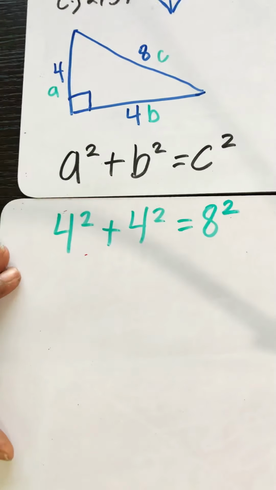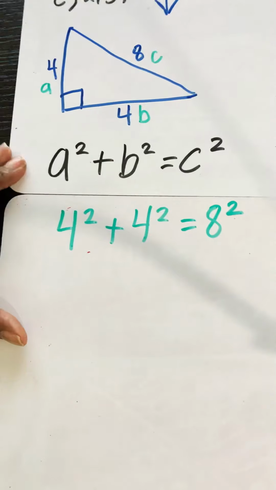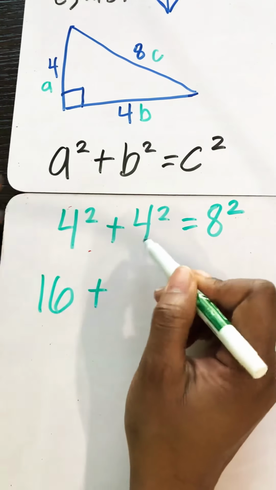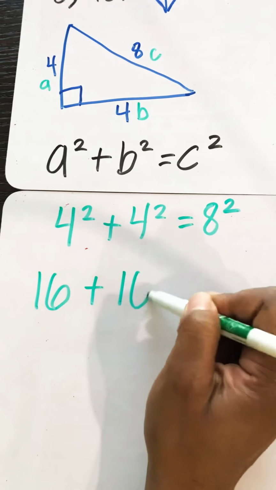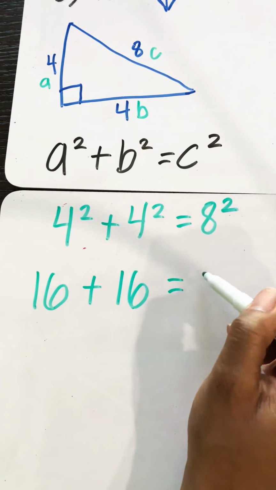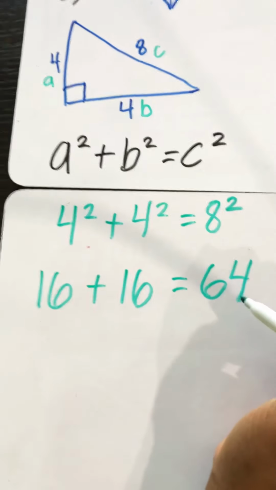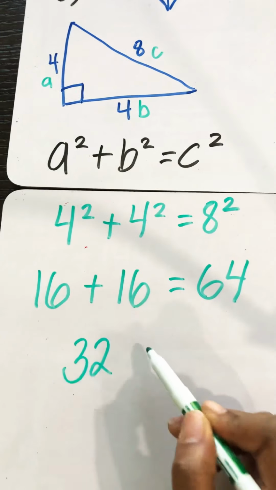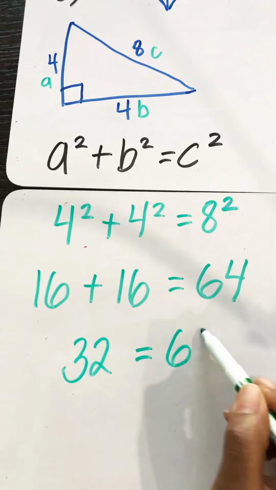Now we're just going to solve to see if we get a true statement or not. So 4 times 4 is 16. 4 times 4 again is 16. 8 times 8 is 64. Okay, 16 plus 16 is 32. And then we just bring down our 64.